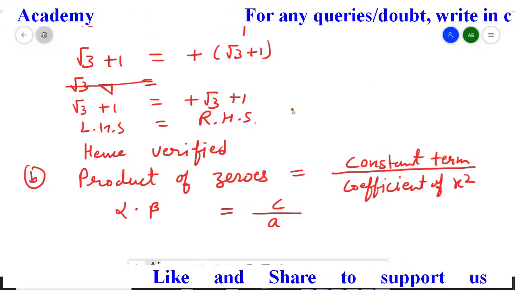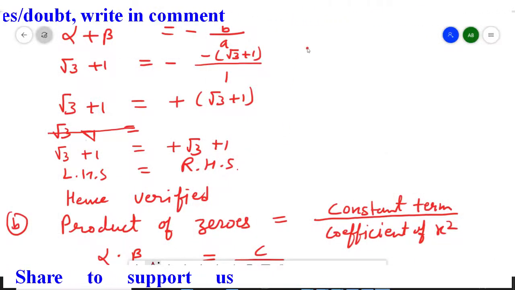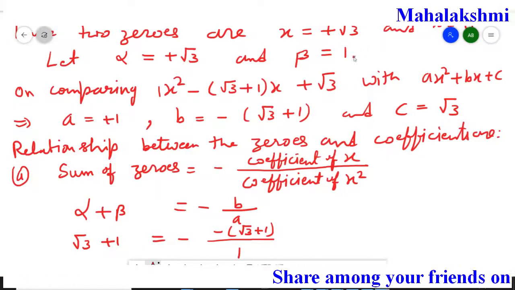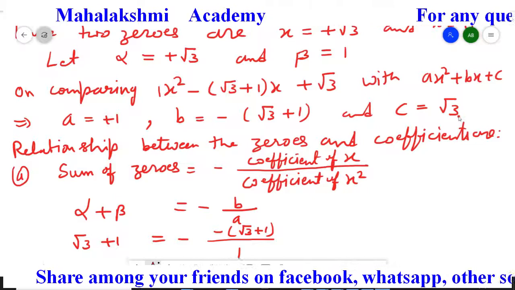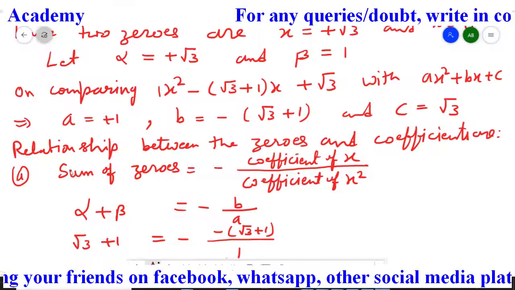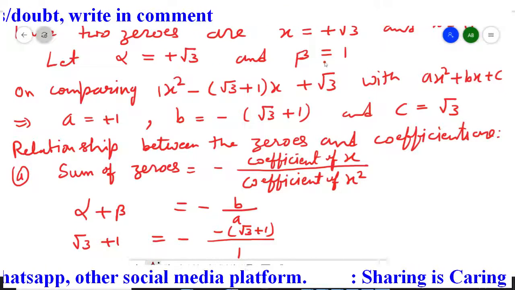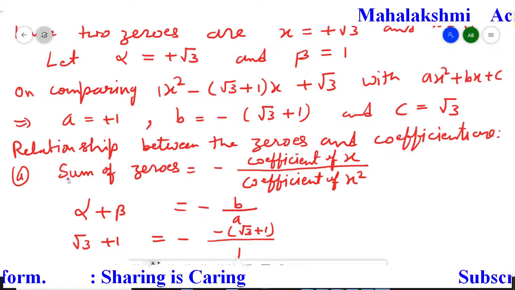So the values, once we see at back, what are the values we have? So alpha is root 3, beta is 1, and constant term is again root 3, and a is 1. So take care of this thing. Alpha is root 3, beta is 1, and the constant term is root 3 and a is 1.